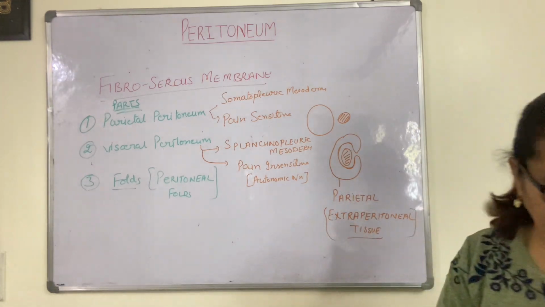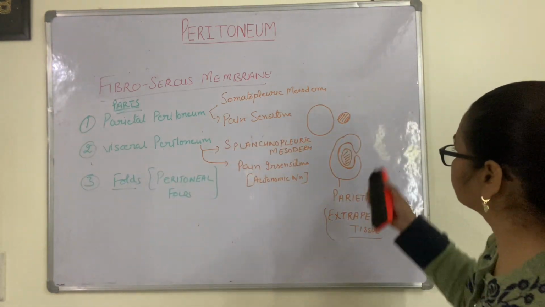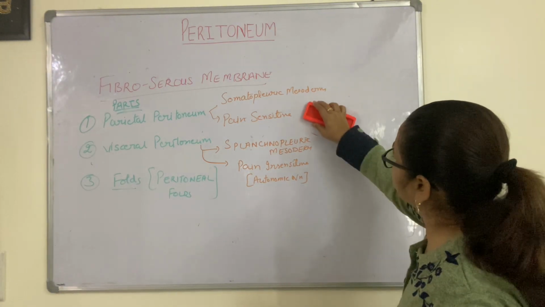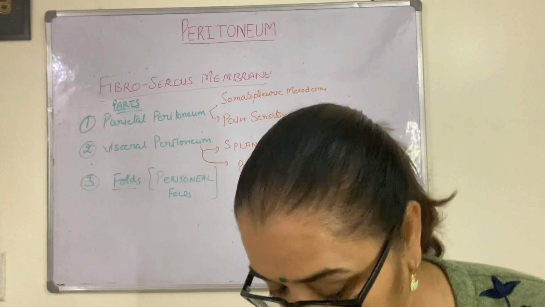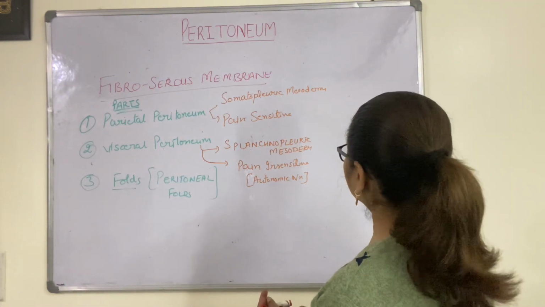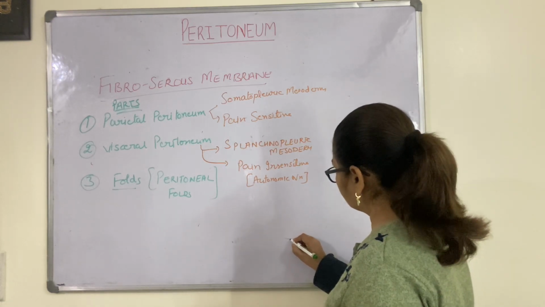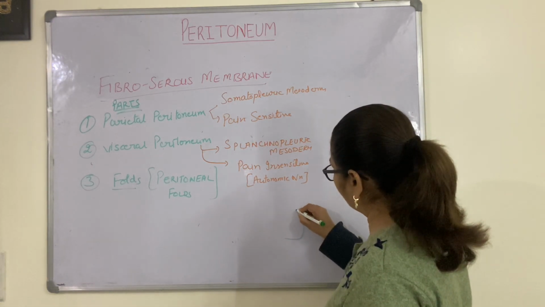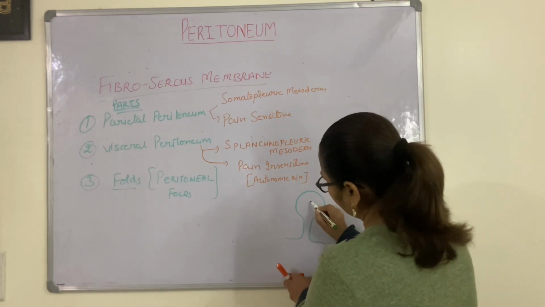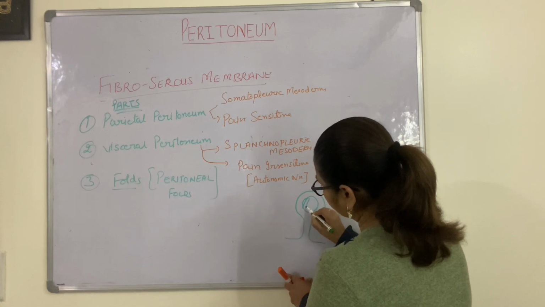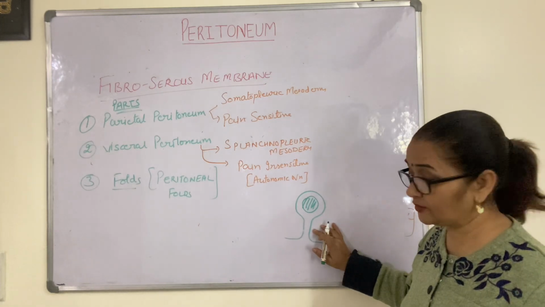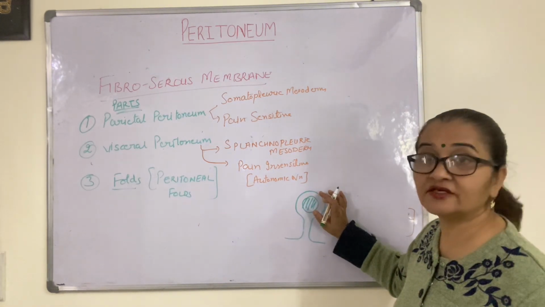Suppose if we see this diagram, this is the peritoneal fold. So the viscera is just entering into it like this. So this is the viscera. Now this is the double layer fold of peritoneum which is just holding the viscera.